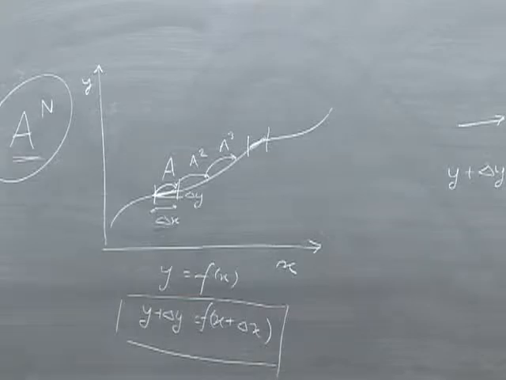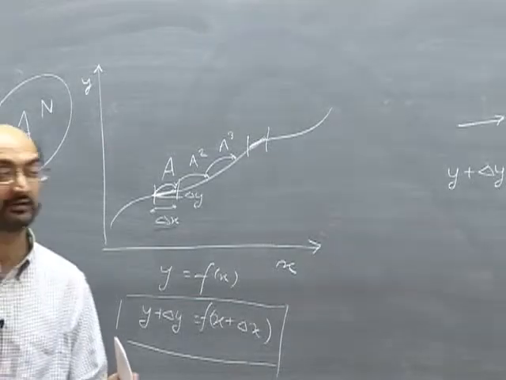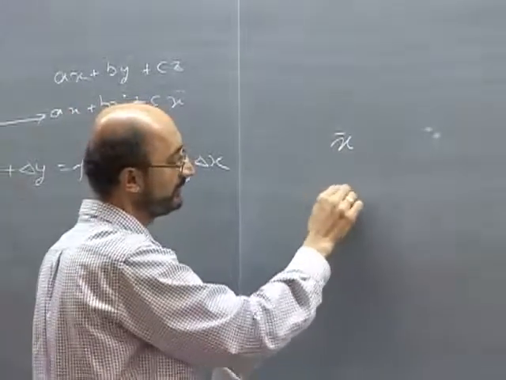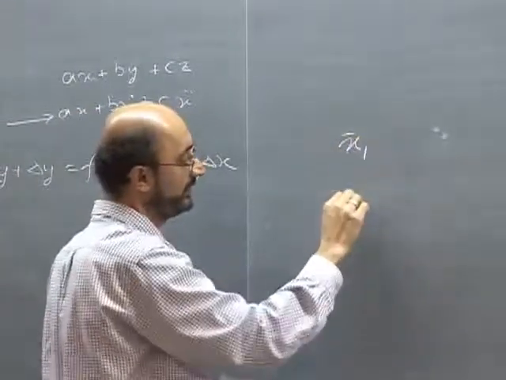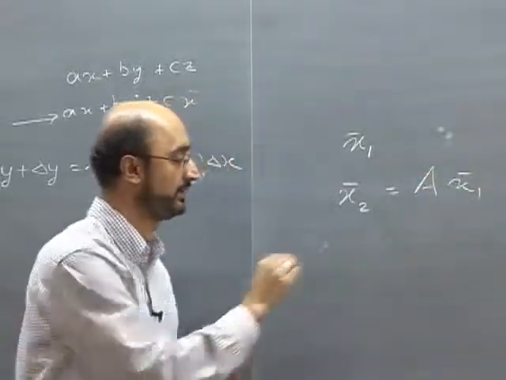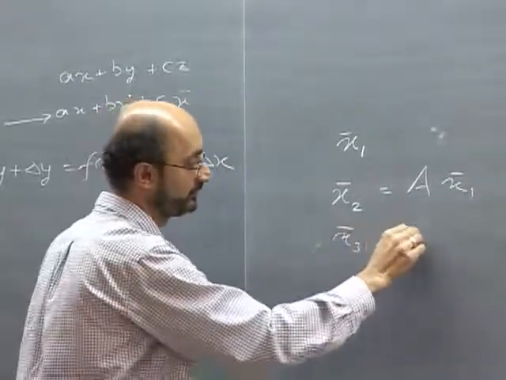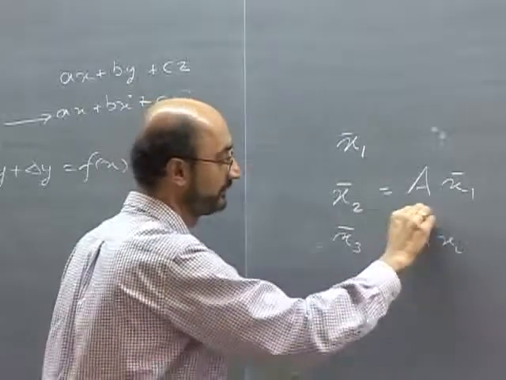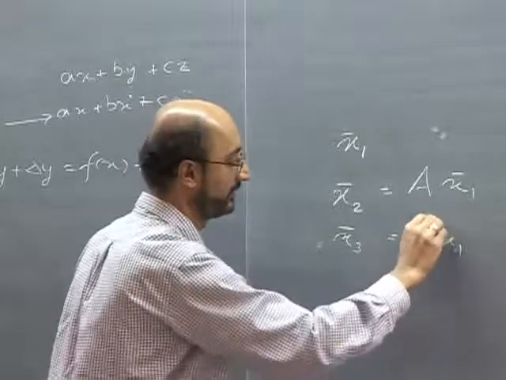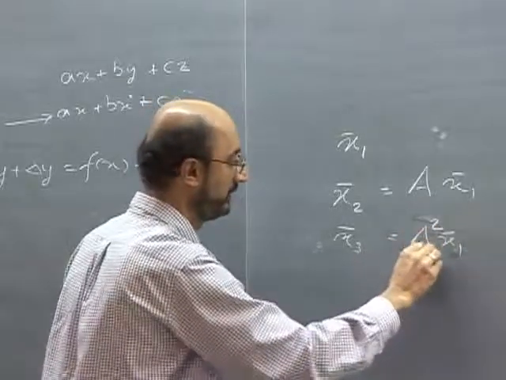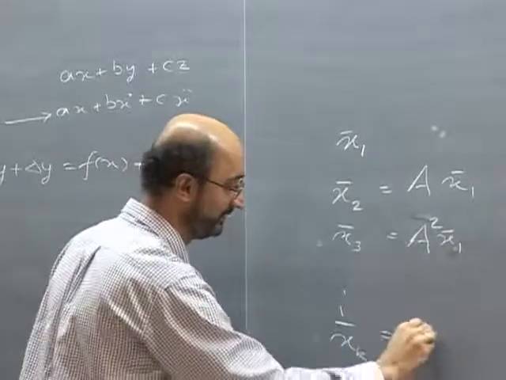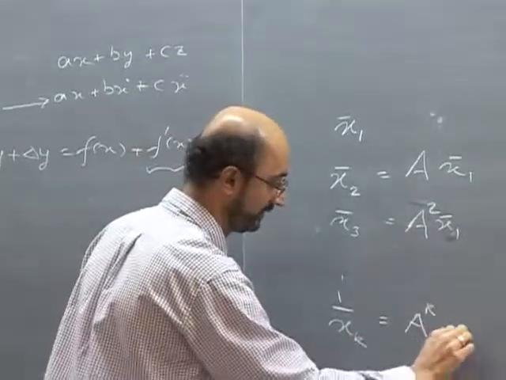So we take some initial vector, we call it the initial state vector, x1, and we can compute x2, which is basically A applied to x1. Okay? And then x3 equals A times A, A squared x1. In general, the vector xk after k steps will be A to the k-1 times x1.